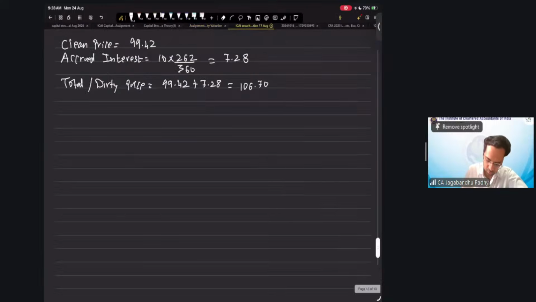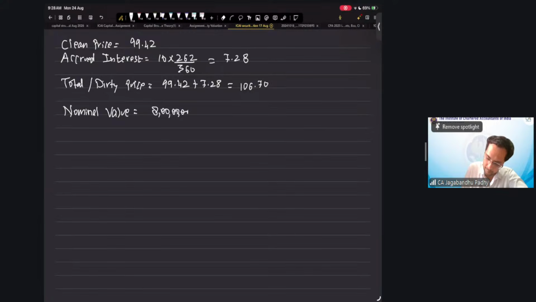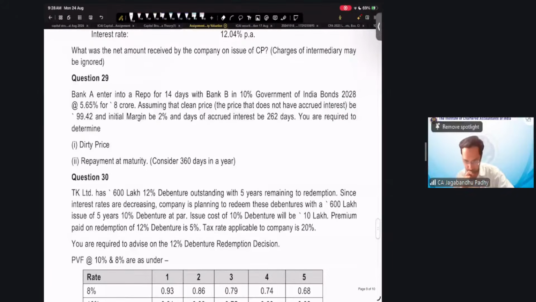What's the nominal value? The nominal value, or the face value of the bond, is 8 crores.